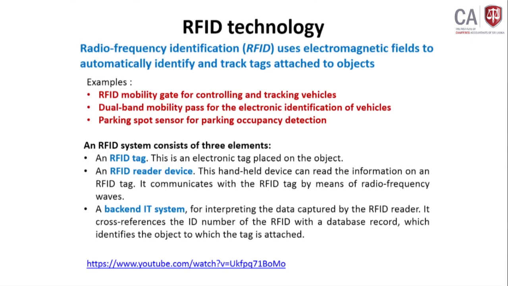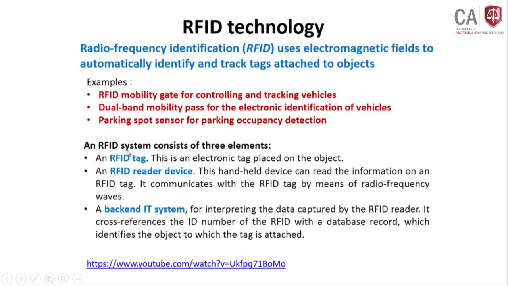Actually, this RFID technology you may have seen in your office or some other places, but you may not have recognized what it is. Radio frequency identification uses an electromagnetic field to automatically identify and track tags attached to objects.